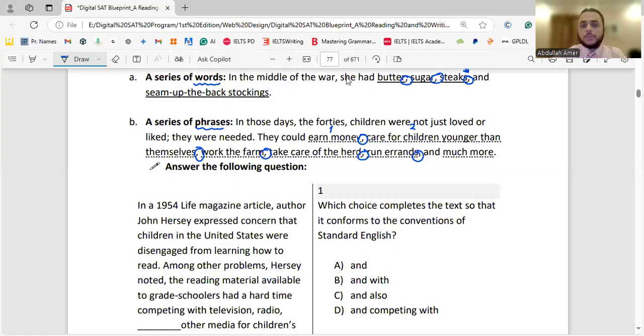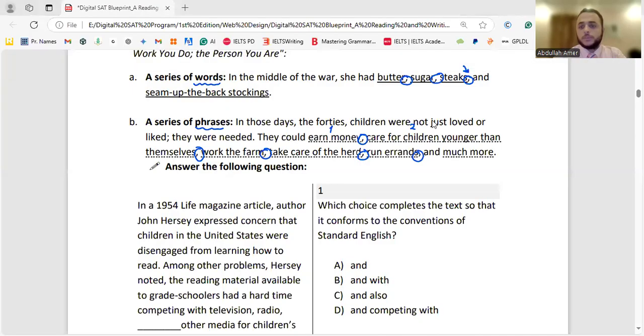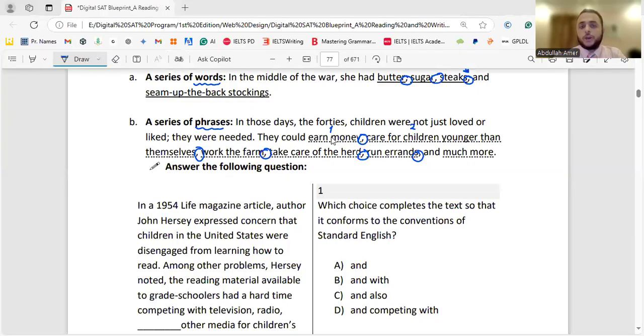So here you can see that we have many commas. Those commas are all separating these items. Just a second, because I have some participants here. Okay. So those commas are separating the items.